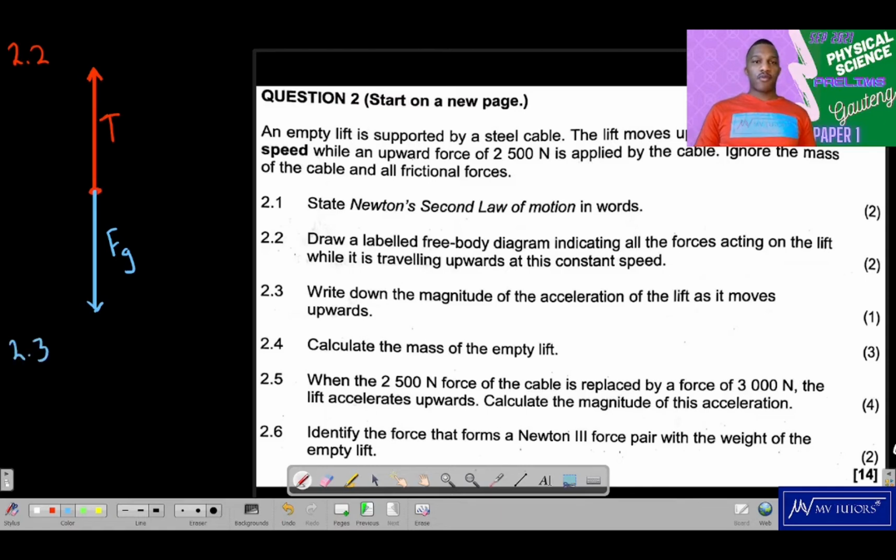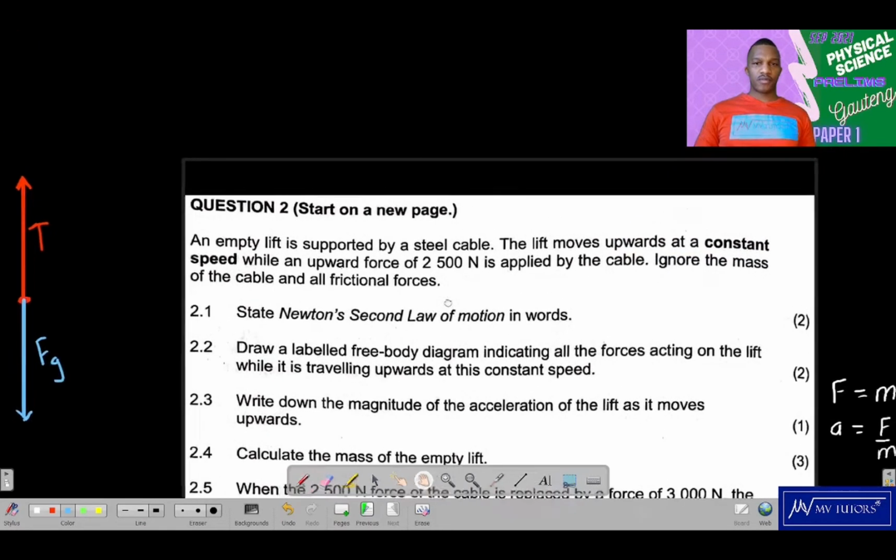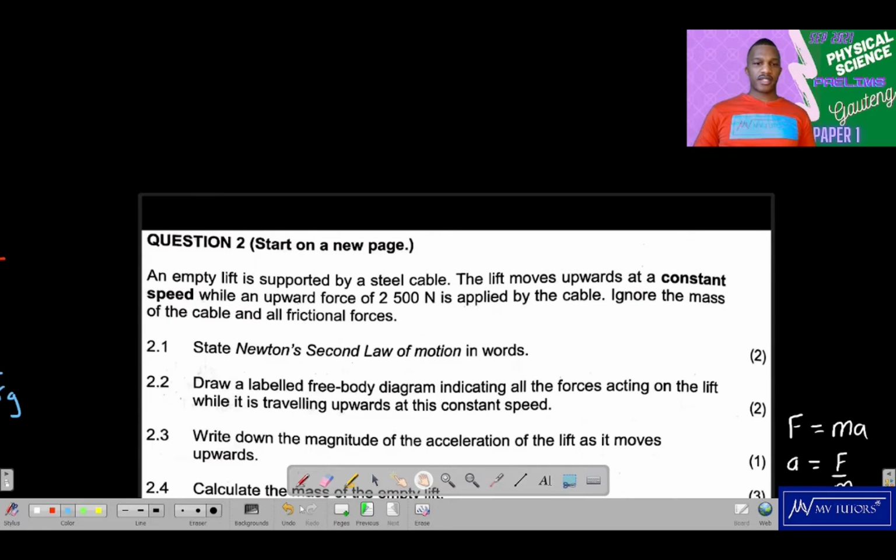As it moves upwards, if you look at this question here, they told us that this thing moves at constant speed. I want to underline it.